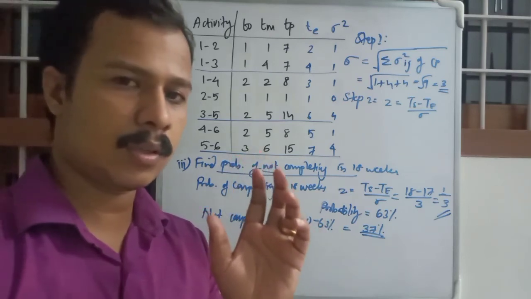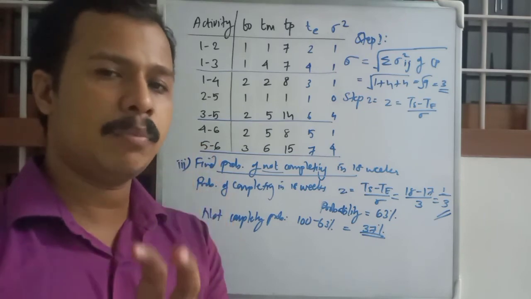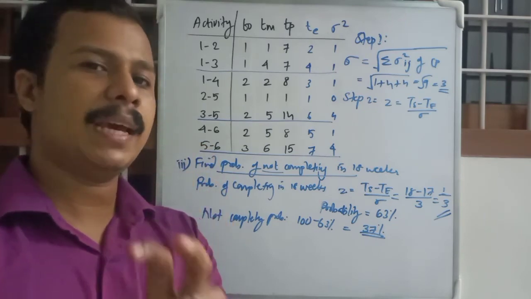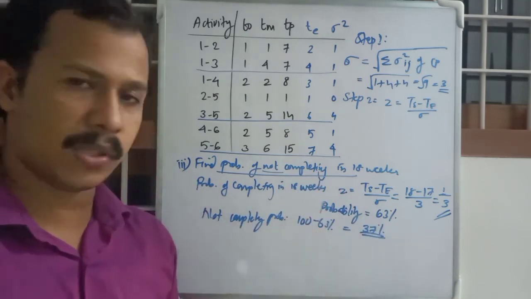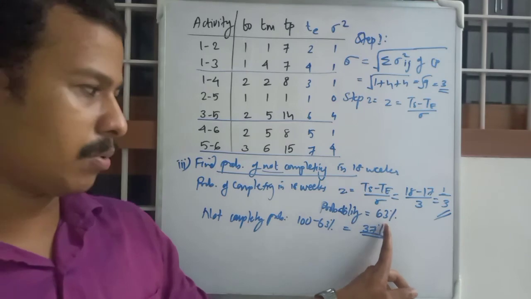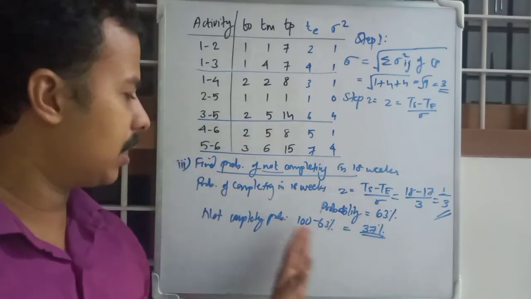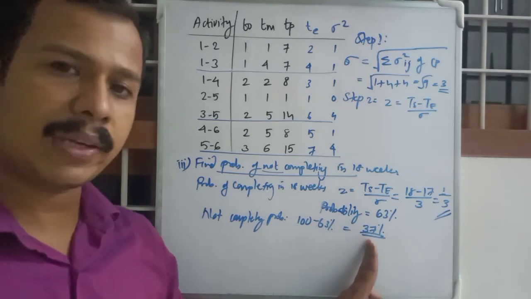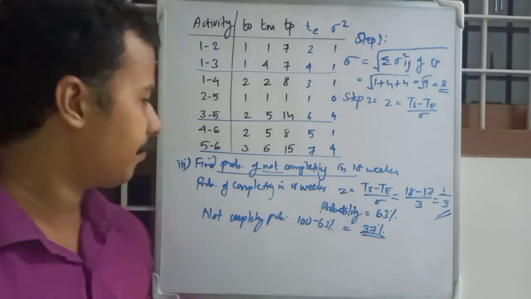The probability of occurring of an event will be a fraction, and not occurring of an event will be the remainder from 1 or 100%. So the probability of completion in 18 weeks is 63%, and the probability of not completing in 18 weeks is 100 minus 63, that is 37%. I think it's simple enough.